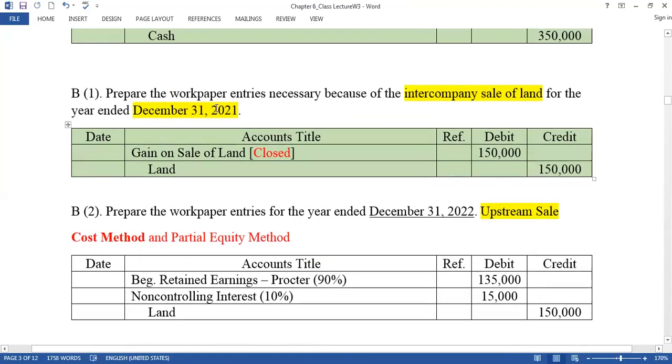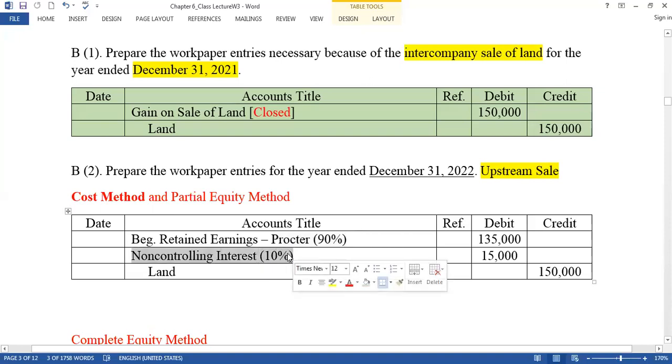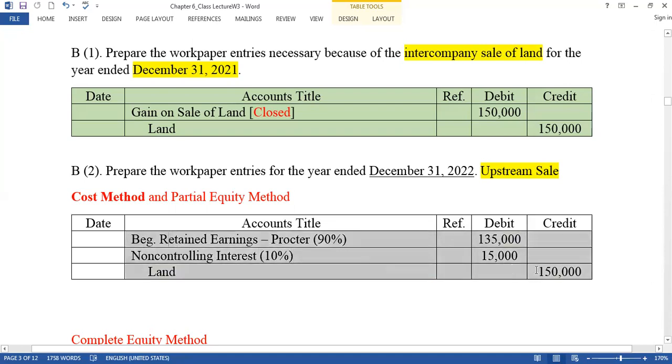So the 2021 ending retained earnings is the 2022 beginning retained earnings. Clear? So if we record beginning retained earnings debit, it means that the part of the parent company's gain is already closed. If we record NCI debit, the part of the NCI gain is already closed. So this is the same journal, and our purpose is the same.